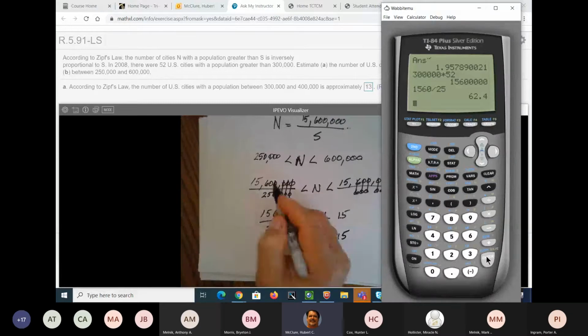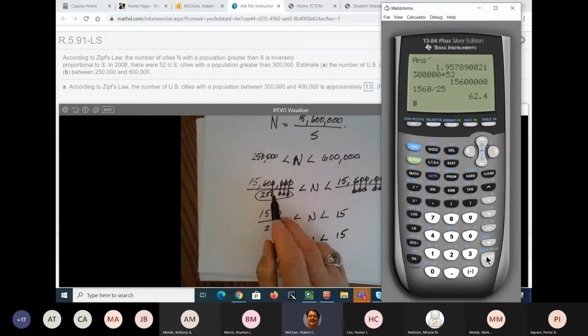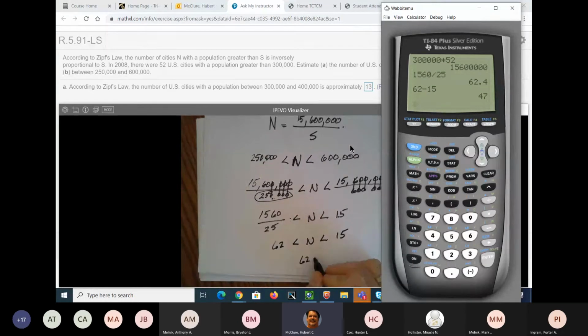And yes, this is a lower population, so a lower population would be more states or more cities, whatever it's asking. And that would be 62 minus 15. I don't know if they want to round this up to 63 or not, but 62 minus 15 is equal to 47.